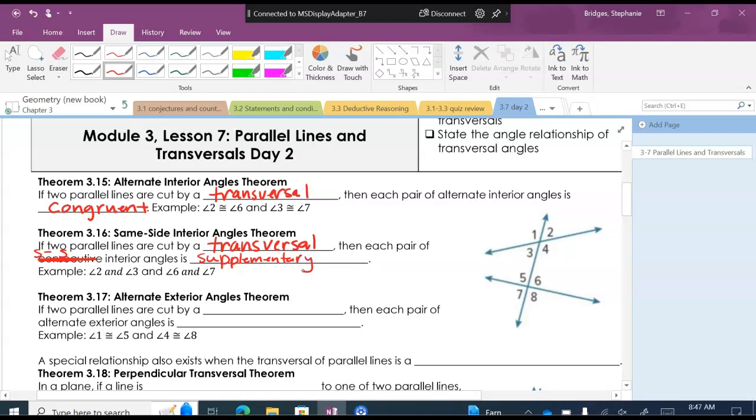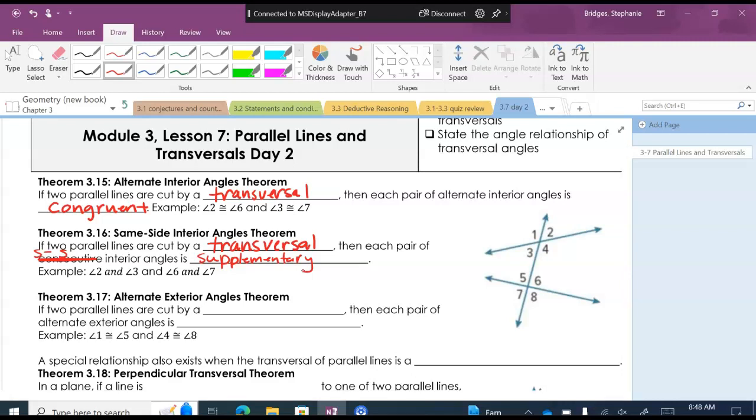What does supplementary mean? That's equal 180, yes. So again, if I'm looking at my picture on the board, give me a pair of same side interior angles. 3 and 5. That means those two would add up to be 180. What's the other pair of same side interior angles? 4 and 6. Those would also add up to be 180.